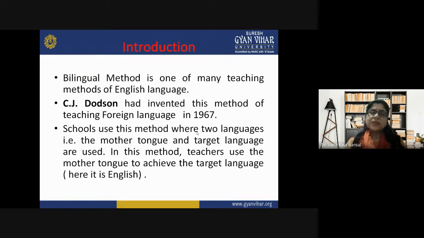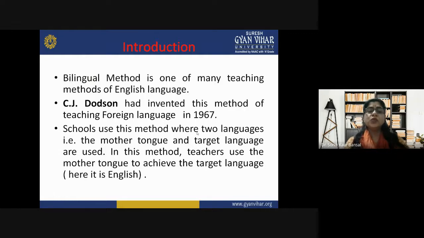This method is mainly used to teach foreign languages or any other language which the student is not very used to or not very comfortable with. Learning a language is itself a very different and little difficult task, so this bilingual method is used for that purpose.